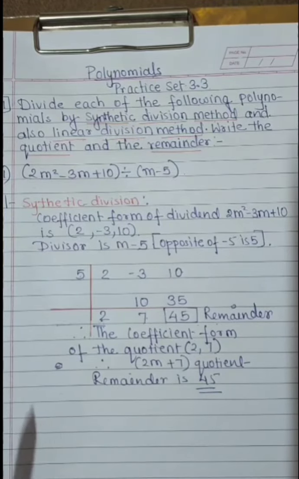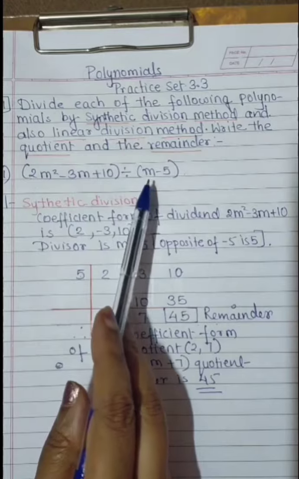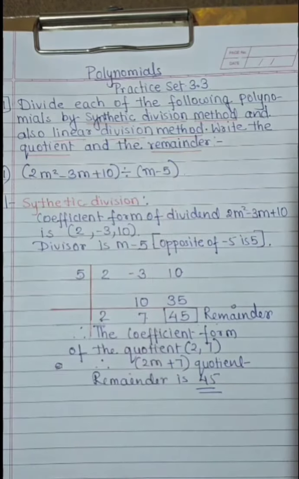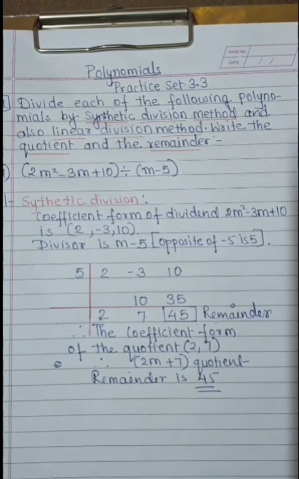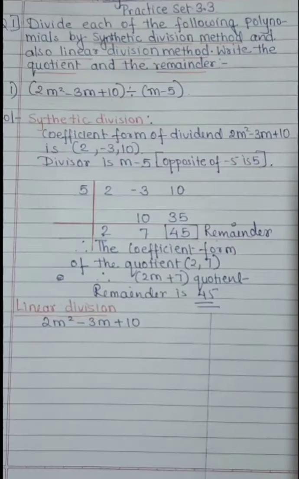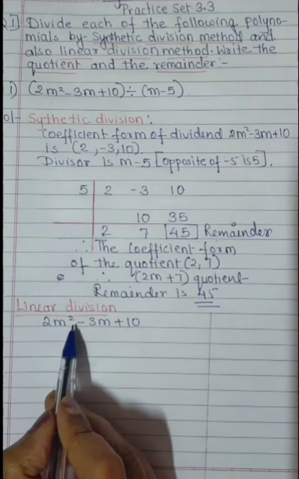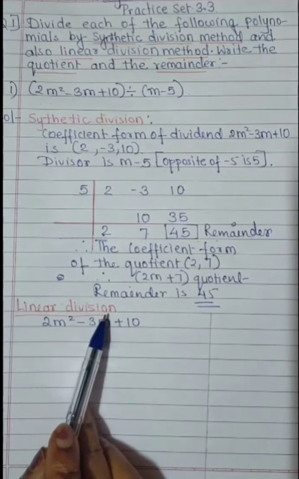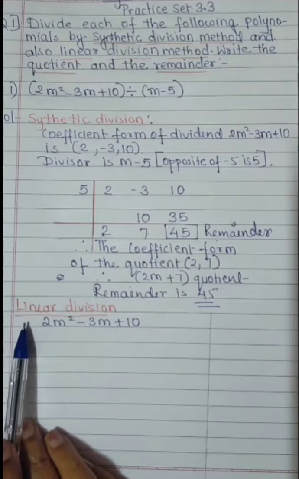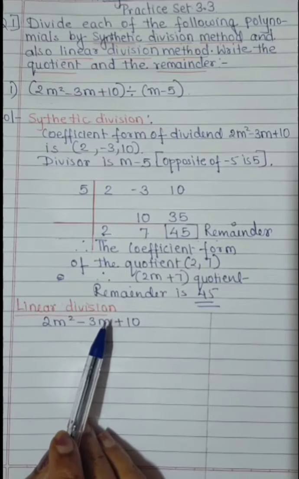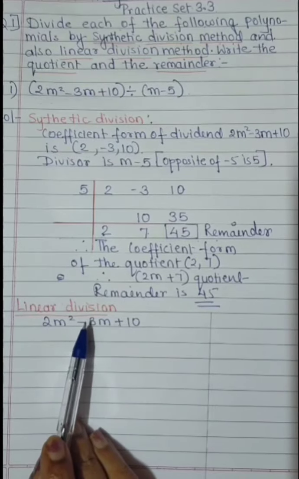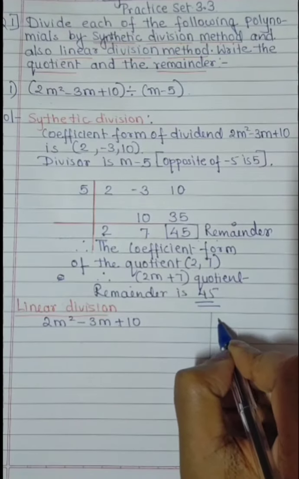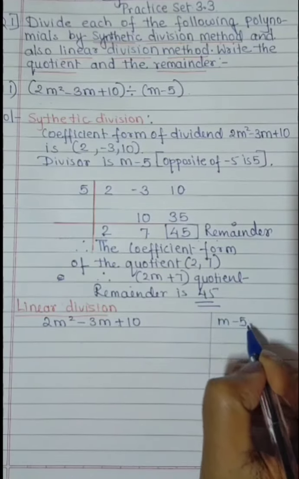Now the same question we will solve in the linear division method. Here I have written the expression 2m square minus 3m plus 10. Now we will use the method of linear division. Now here the divisor is m minus 5.